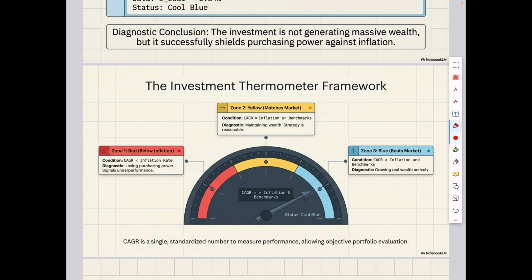Zone 2, CAGR is almost the inflation or the benchmark of the market data. Fine, I can live with it. I maintain my health. My strategy is reasonable. Of course, if my CAGR is more than the inflation or whatever benchmark the market data has, then good. My wealth is growing and I'm happy with that.